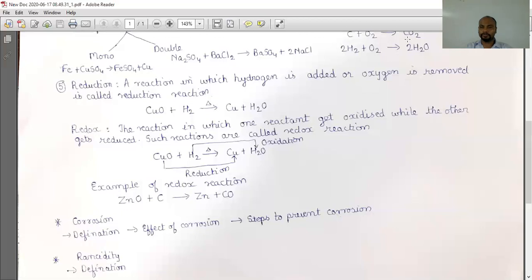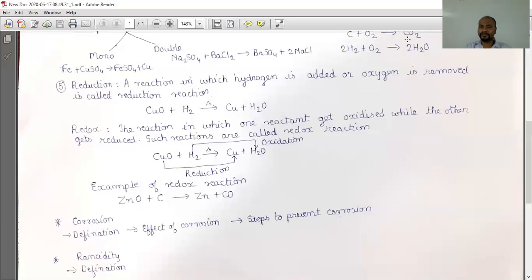Next, corrosion. When the metallic surface reacts with moisture and oxygen present in the atmosphere, it is known as corrosion. The examples of corrosion, which we had not taken earlier, are the rusting which we are able to see on the grills of your windows, and green spots on copper vessels.